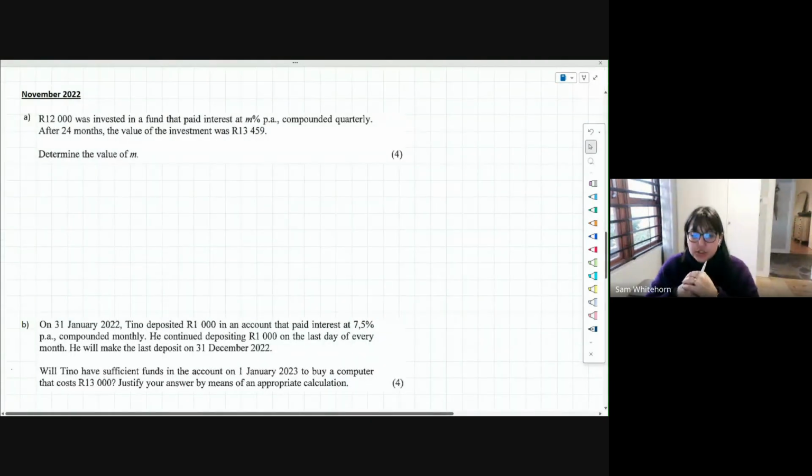Okay, so usually your finance starts off nice and easy. You're going to try this one by yourselves in a second. But with finance, we don't throw you straight into the deep end. We start off nice and easy. Generally, it's an easy compound interest calculation, not even future value, nothing like that. Just your normal compound interest formula.